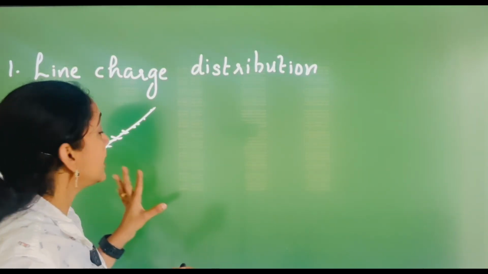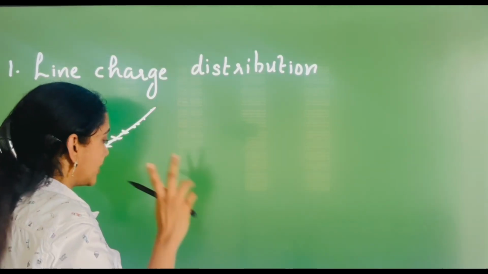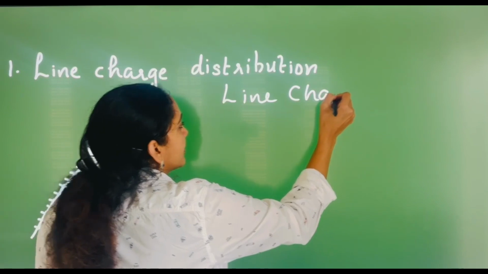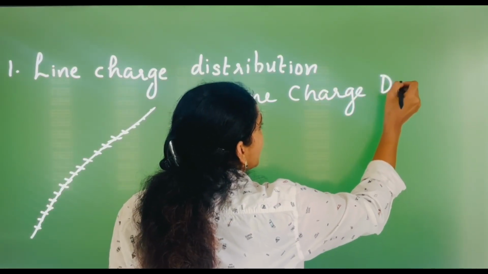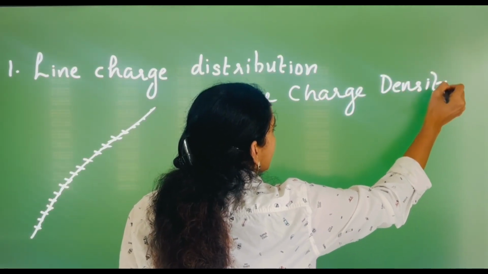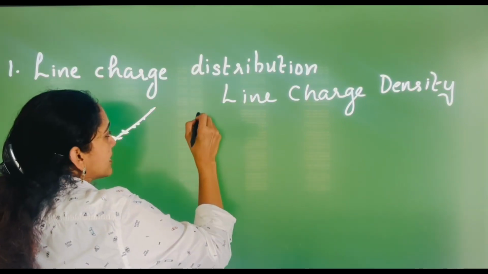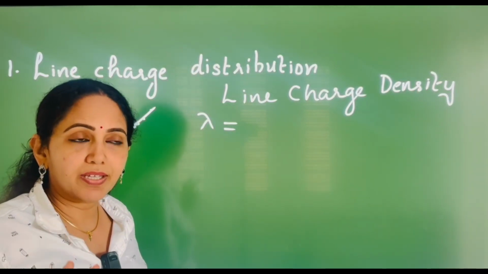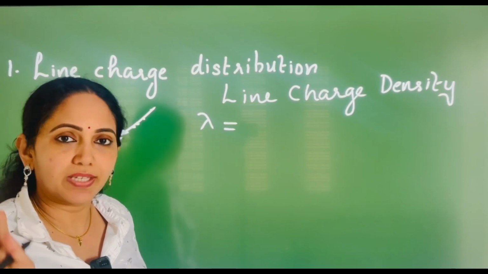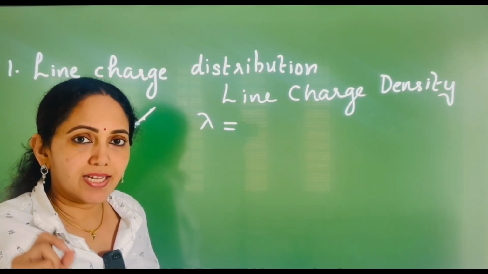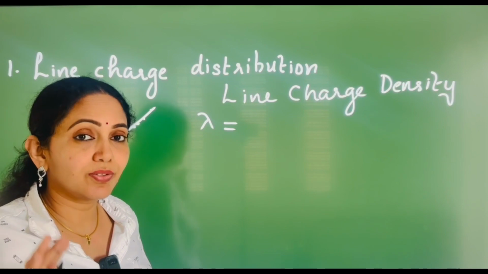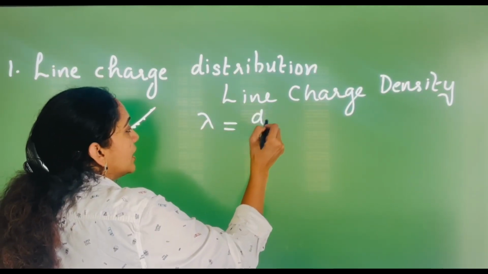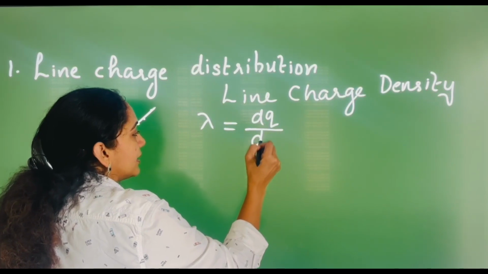For detailing line charge distribution, scientists coined a new term, line charge density. Line charge density is represented by the letter lambda, which is the charge per unit length of the line. So lambda is equal to dq divided by dl.